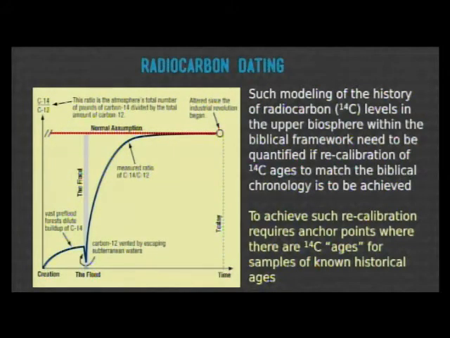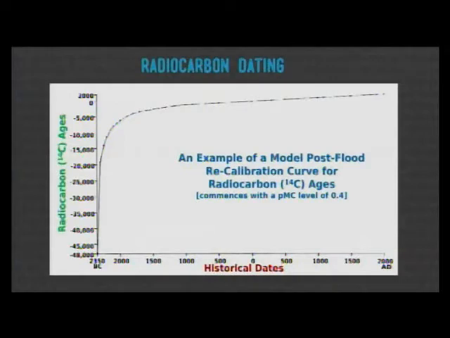Now, as I said before, to achieve this, we need to quantify the recalibration of radiocarbon ages, and the best way ultimately is with anchor points where we've got radiocarbon ages for samples of known historical ages. This is a work in progress. In fact, this is an example of a calibration curve, and we hope that in the years to come we'll be able to produce a recalibration curve.